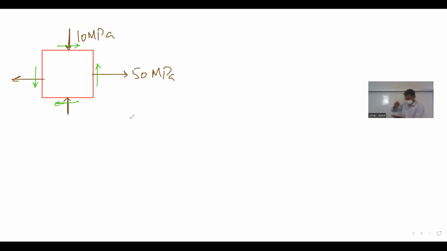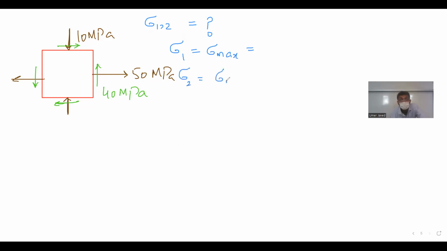What happens to my screen today? Acha. This value is 40 megapascal. Boom! Give me stress 1, 2. So give me stress 1 value, which is max. Then give me stress 2, which is stress min. Then give me tau max.